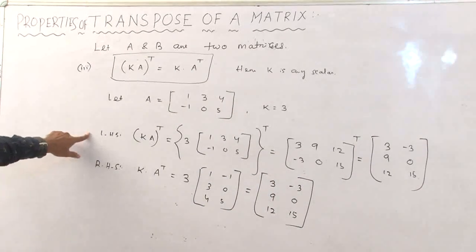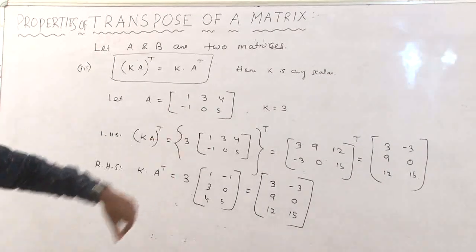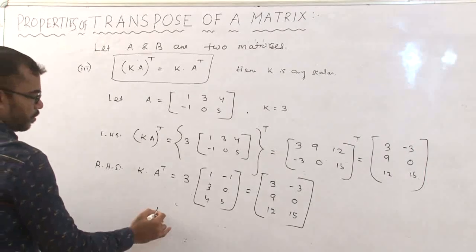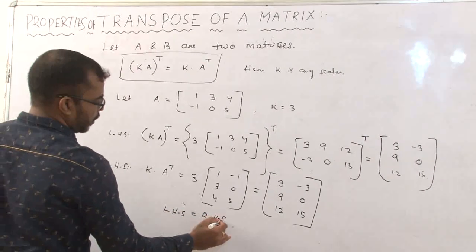So if we verify, the left hand side and right hand side are both equal. So we can write left hand side is equal to right hand side.